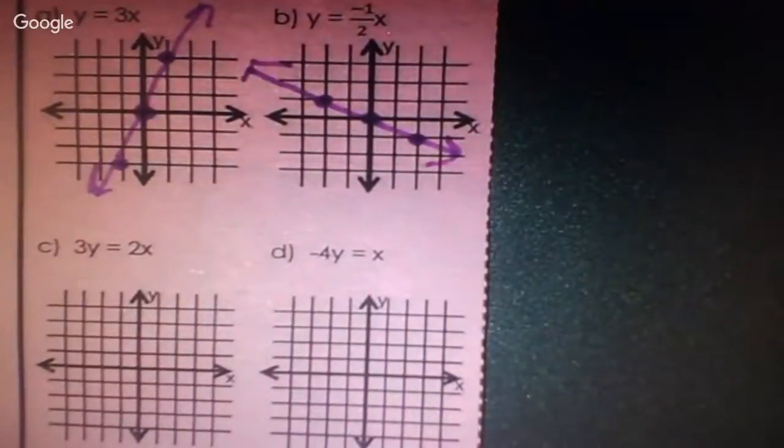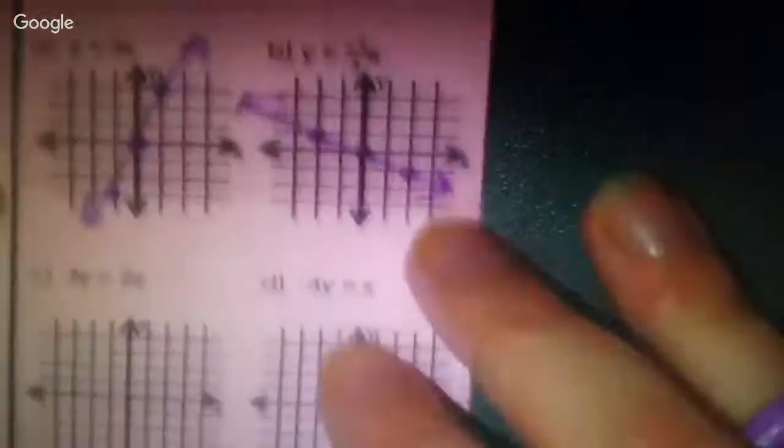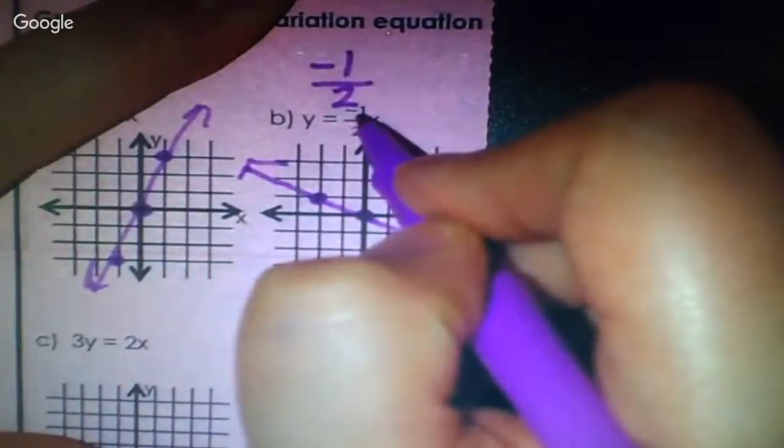I forgot how to do the slope part. Remember, your slope is rise over run. So this takes me either up or down, and this takes me left or right. Because it's negative, it goes down. Because it's positive, it goes to the right.